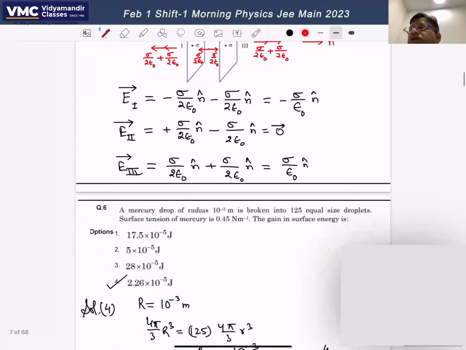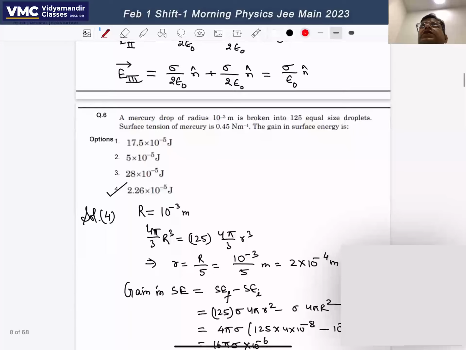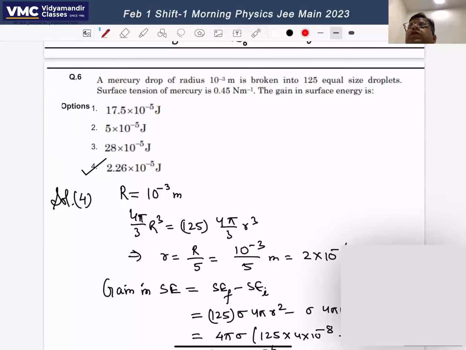Question number 6. In this question, a mercury drop is broken into 125 equal size droplets. So there will be some gain in energy.